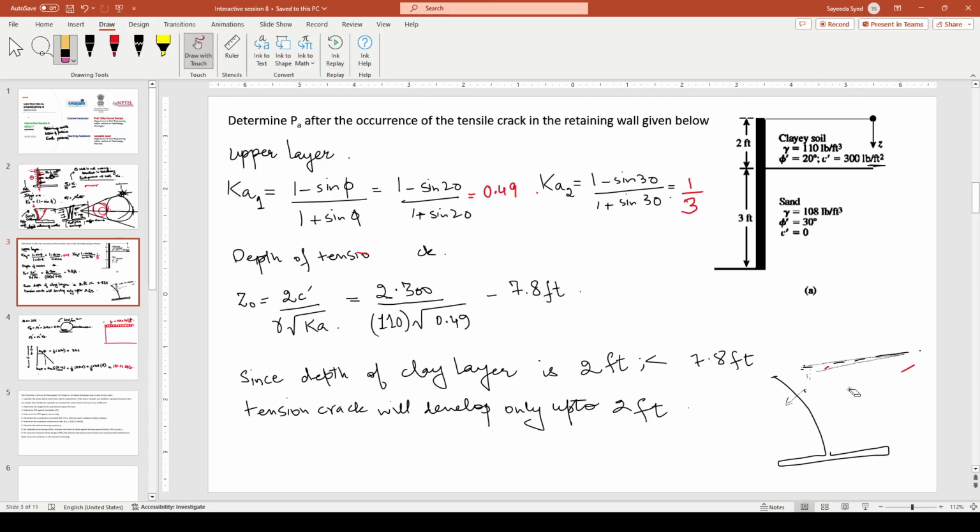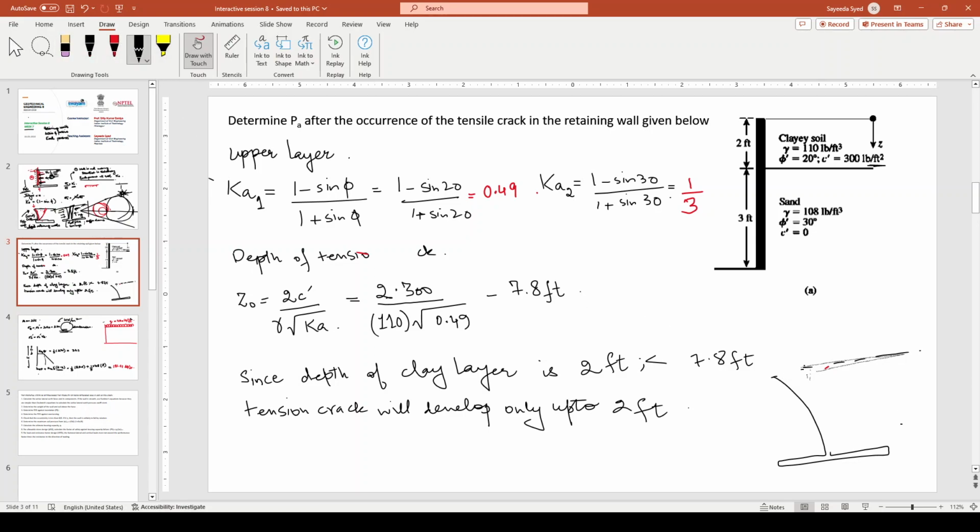See, in a continuous system, if there was no tensile crack, all this material was exerting its weight load here. But now the tensile crack has developed at the top, for example, till here. This portion gets detached.